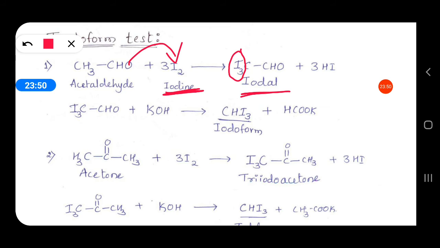So it is iodal. For the iodoform test, the aldehydes or ketones are treated with iodine and a base, NaOH or KOH. After adding the base, iodal is converted into iodoform, and the corresponding salt of the acid is obtained.